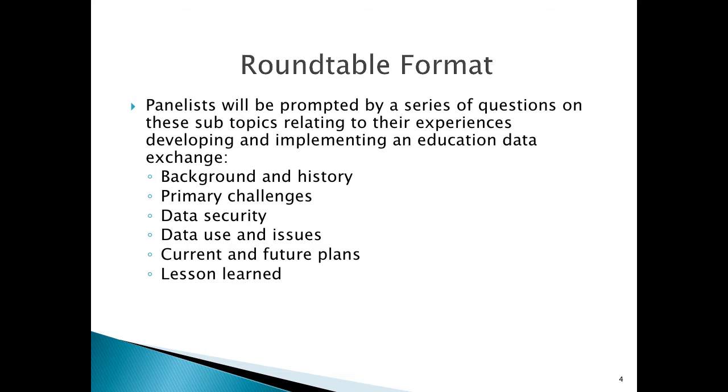So our lesson learned was that it was really critical to have our own data and information about our kids, so we could understand where they're at and what the issues were, to help us all understand what the ultimate goal was.